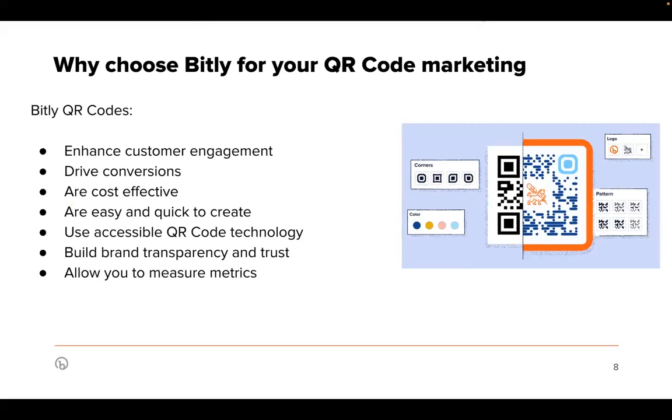It can drive conversions, very cost effective, quick and easy to create, as you will see today. Very accessible, as all you need is a mobile device with a camera to be able to access the content you're sharing with the QR code. You can build brand transparency and trust, as we'll get into how you can do that in our demo today. And then it allows you to track metrics.